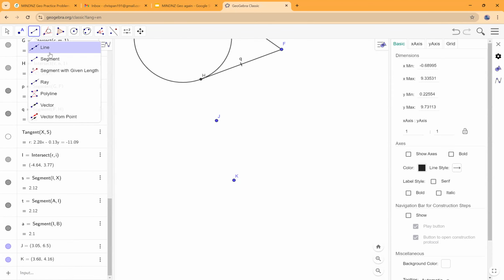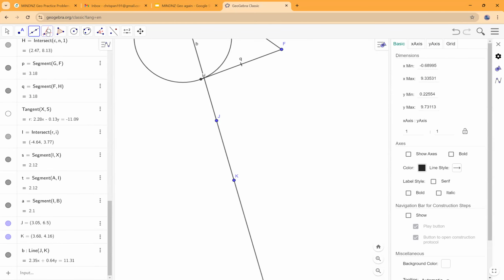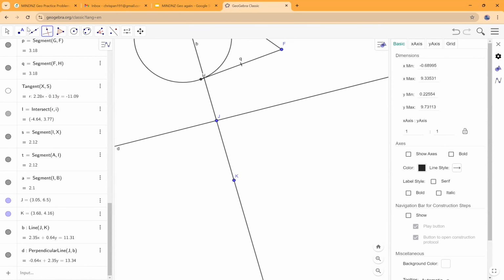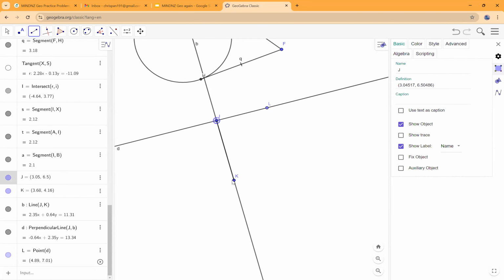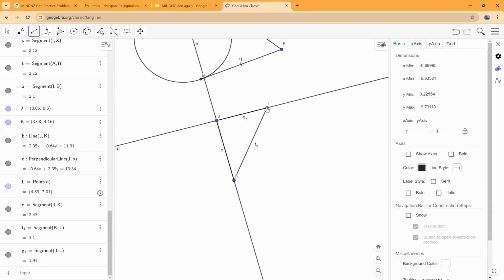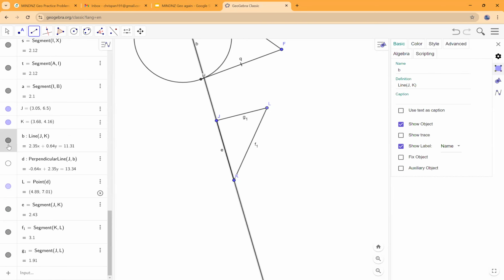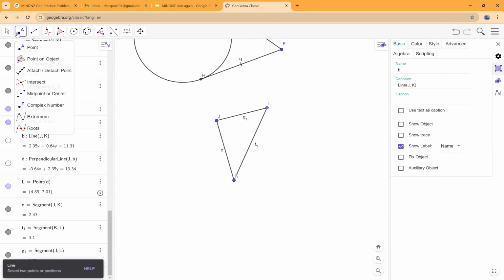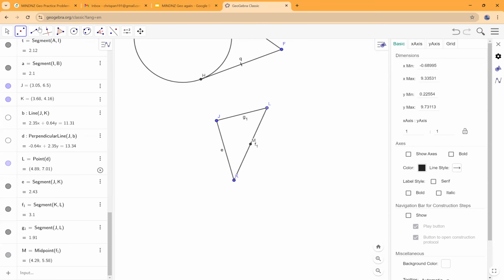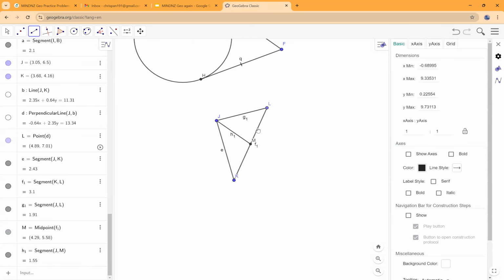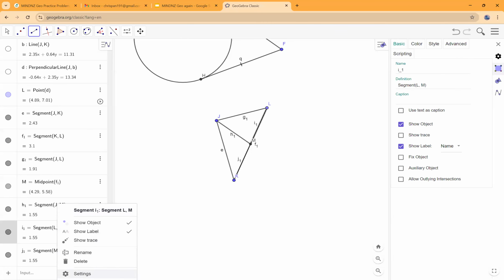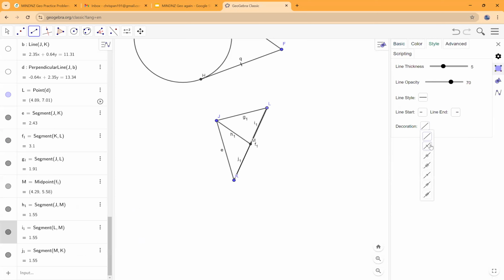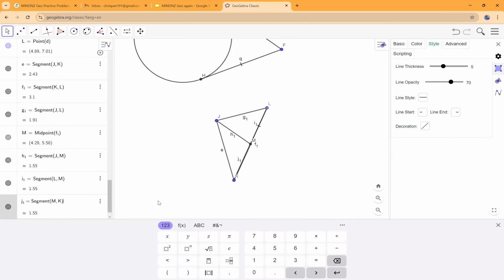But if I just quickly make a triangle here, I take the midpoint of the hypotenuse and I connect it up, then I get three equal lengths here.